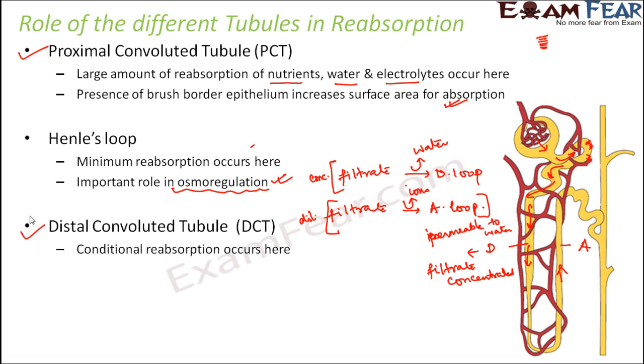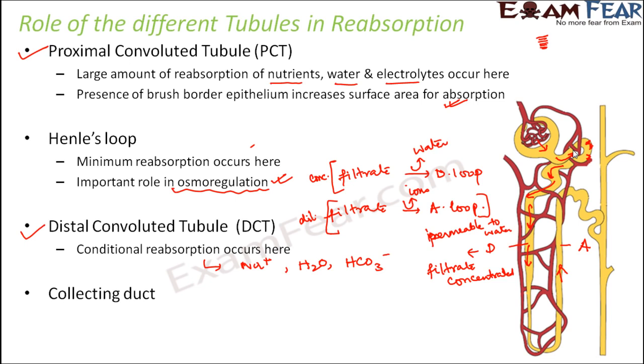Here again some reabsorption will happen. So what reabsorption takes place here? Reabsorption of ions like sodium ions, and water. If some more water can be reabsorbed, then that is done here. Some absorption of bicarbonate ions. So all these small reabsorptions take place in the distal convoluted tubule. Not much reabsorption happens here because majorly reabsorption has already taken place in the PCT.